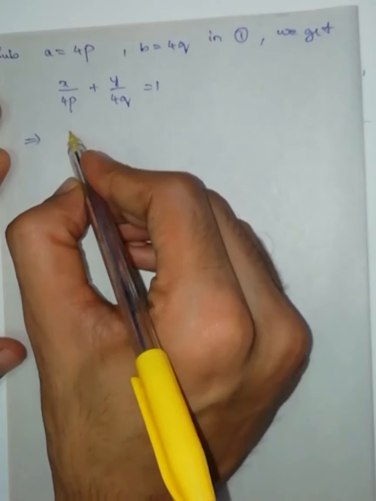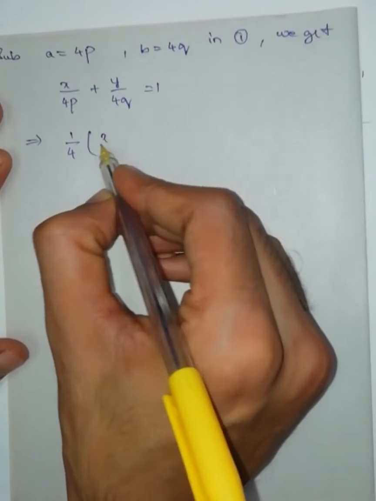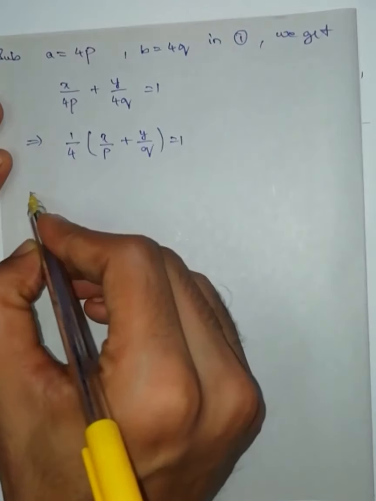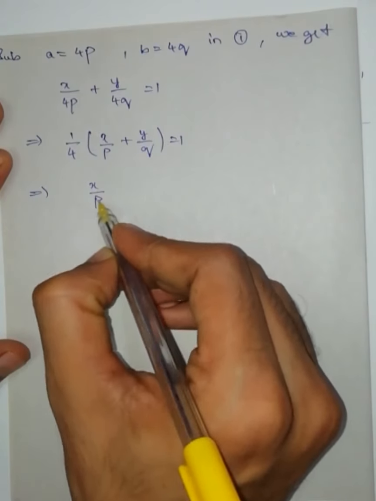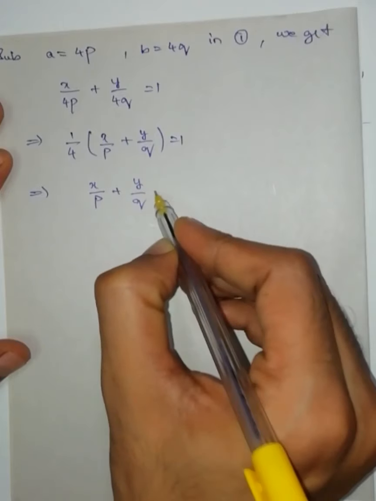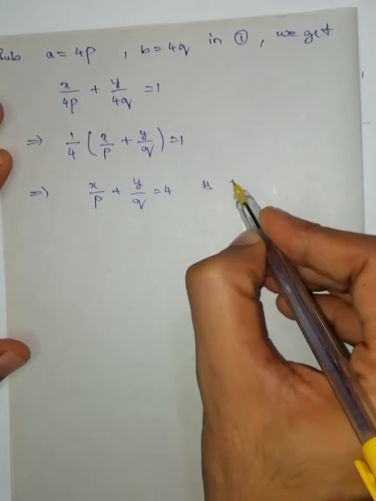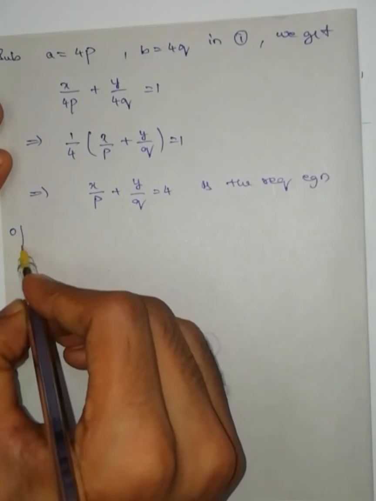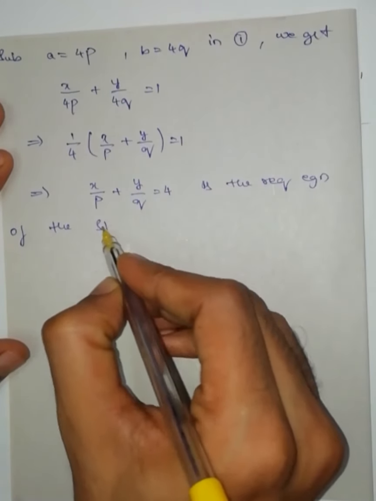This can be written as 1 by 4 common, x by p plus y by q is equal to 1. This implies x by p plus y by q is equal to 4, which is the required equation of the straight line.